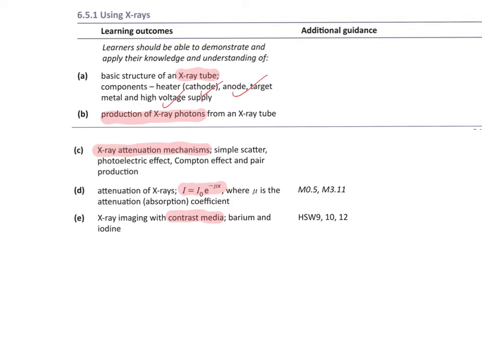We also spoke about the production of X-ray photons from the X-ray tube in terms of the electrons being decelerated, so that the kinetic energy of the electron gets transferred to thermal and the rest of it as an X-ray photon. We will look at the mathematical analysis of this part, and then I will move to the X-ray attenuation mechanisms.